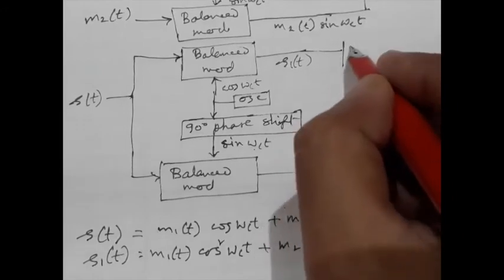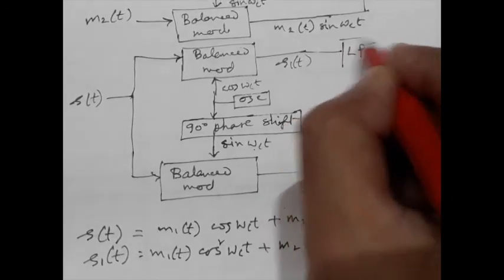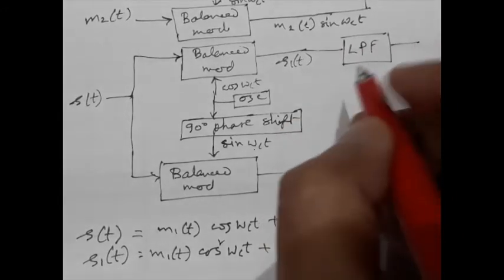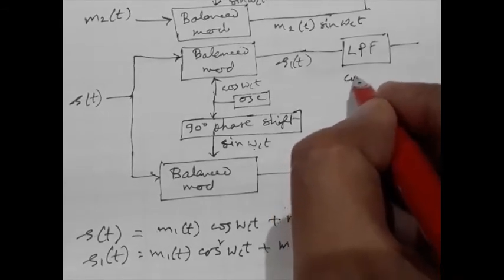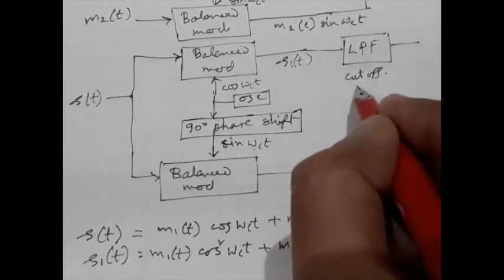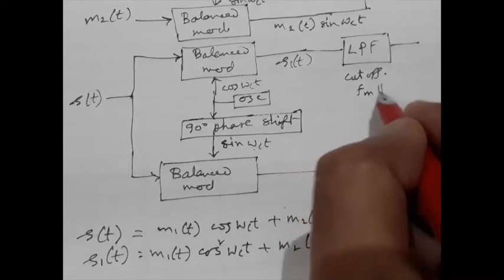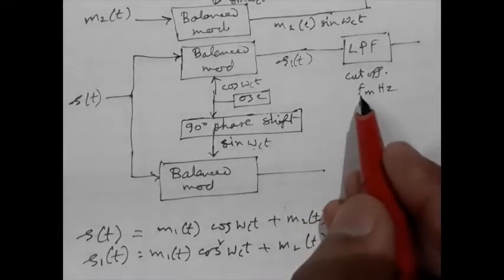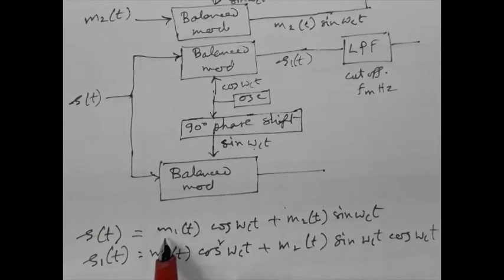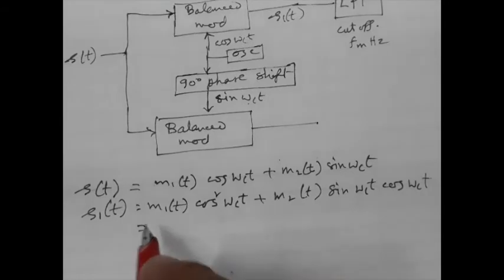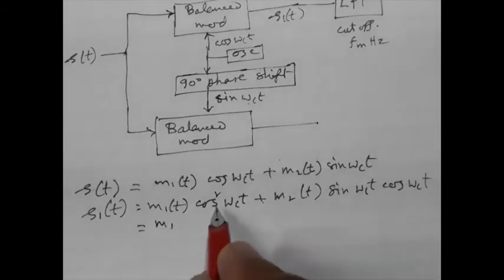After that we have a low pass filter with a cutoff frequency of fm Hz, where fm is the maximum frequency component of m1. So this S1(t) can be written as, cos square omega ct means half of 1 plus cos 2 omega ct.